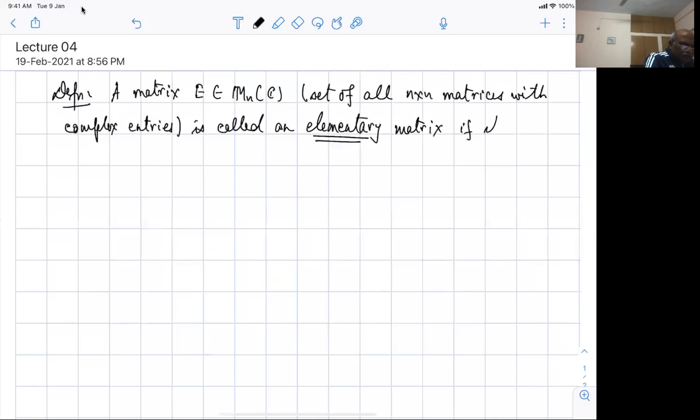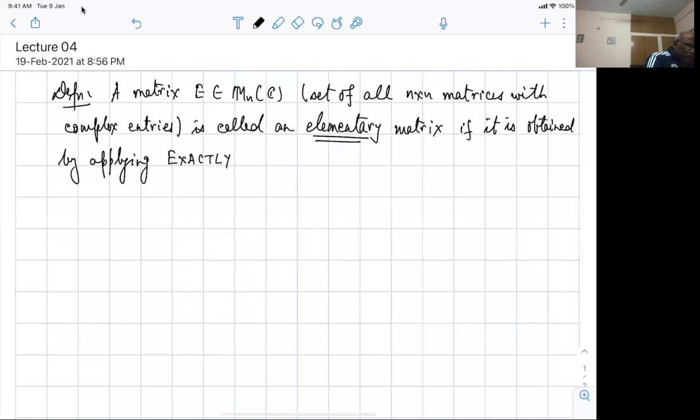if it is obtained by applying exactly one. That's very, very important.